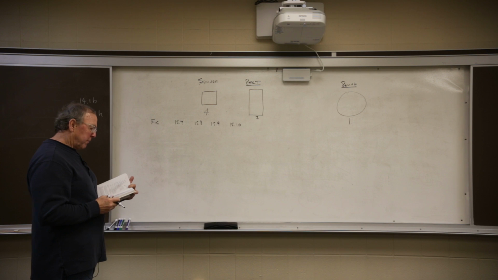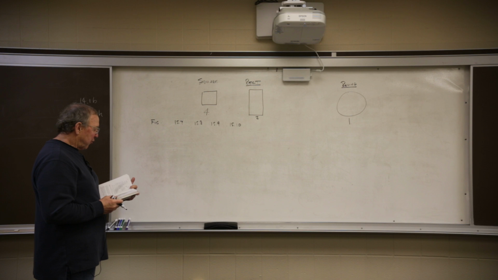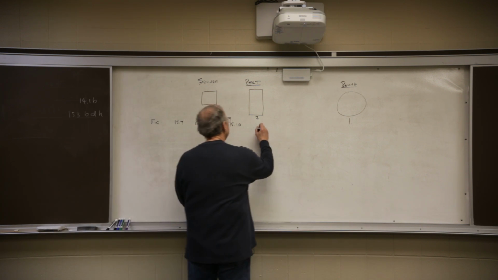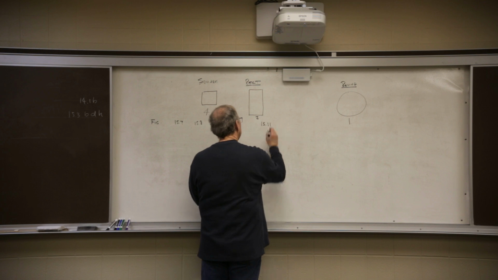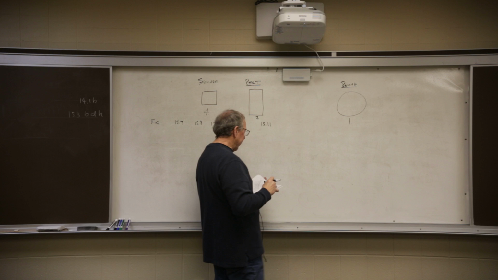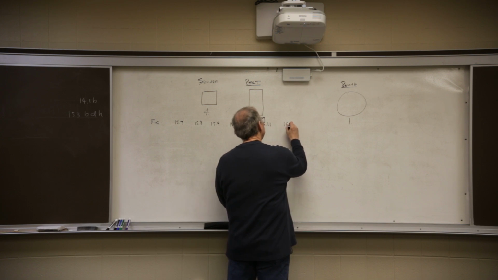And then if you go to page 511, it says rectangular tied column, 15.11. Turn the page, 15.12 says rectangular tied column.